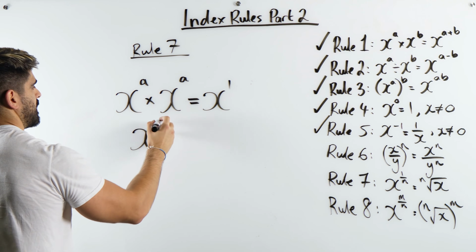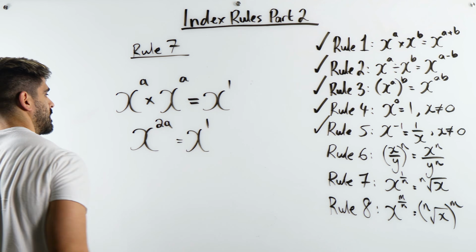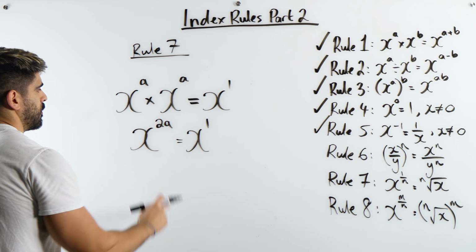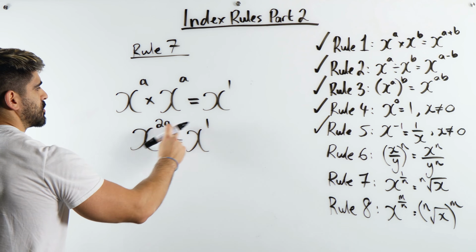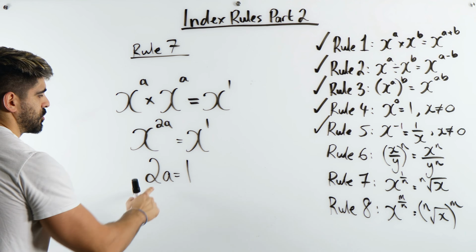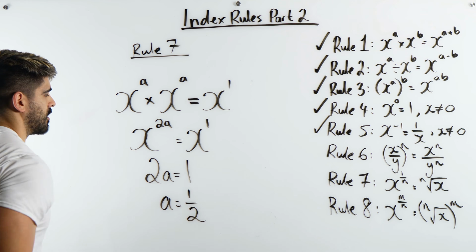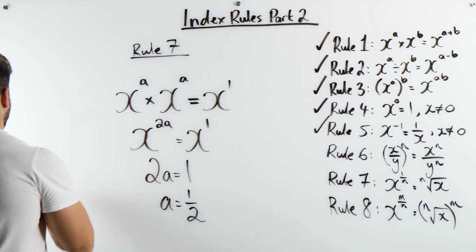So we get x to the power of 2a is x to the power of 1. Well, if these two base numbers are the same, it means 2a equals 1. 2 times the number is 1. That number is 1/2.